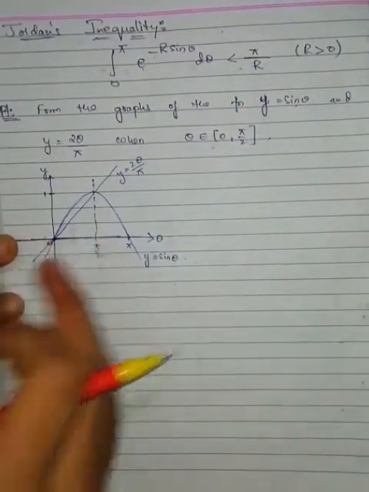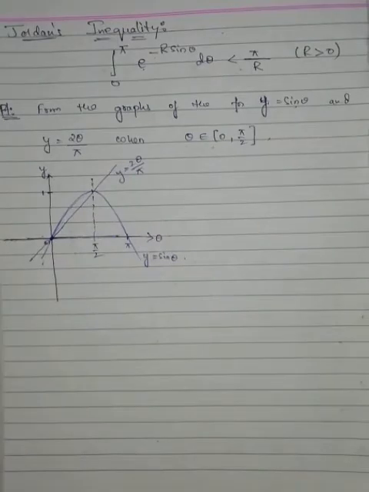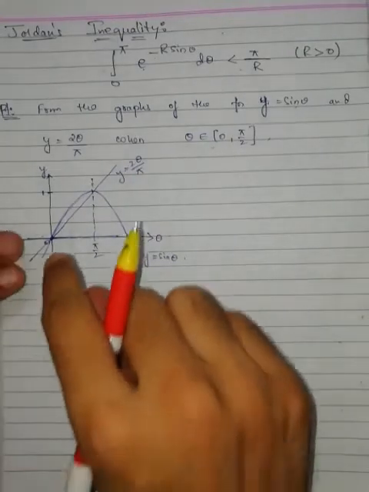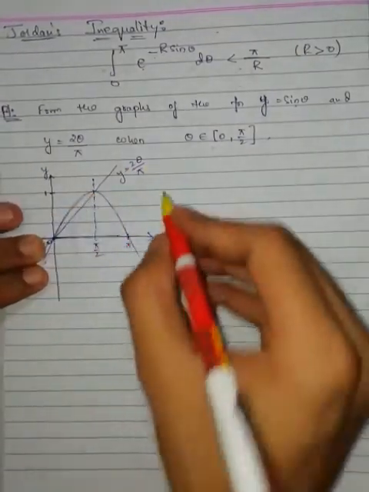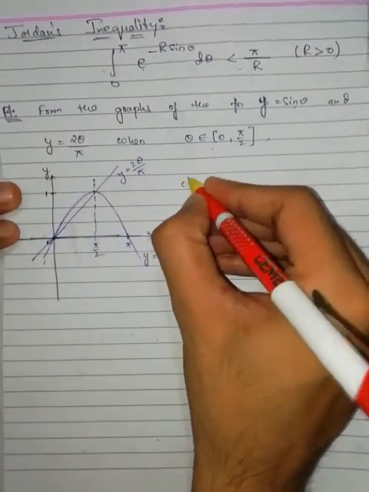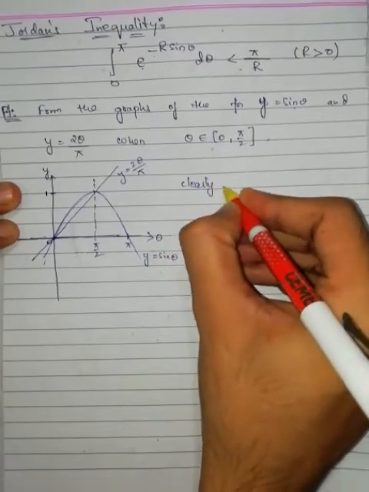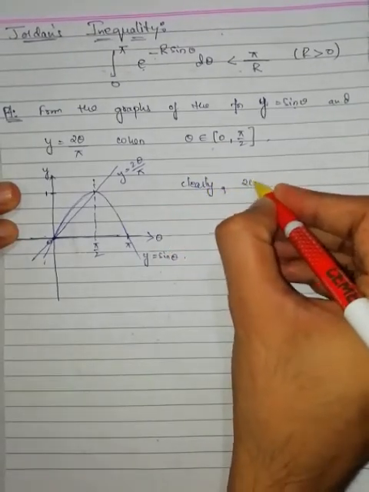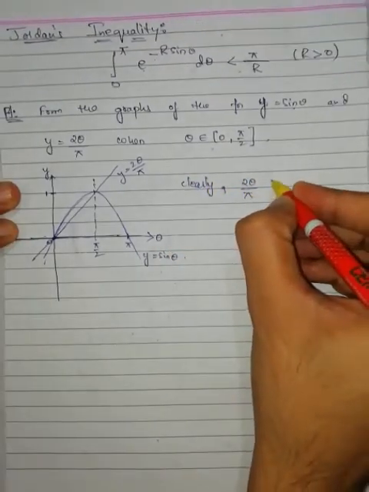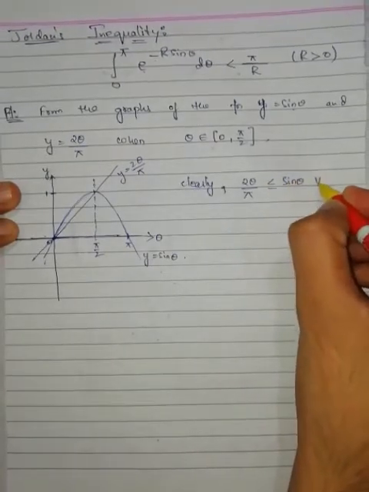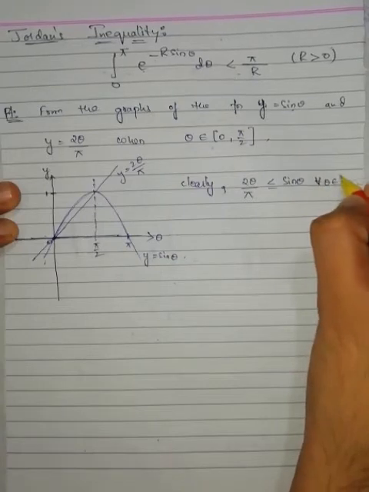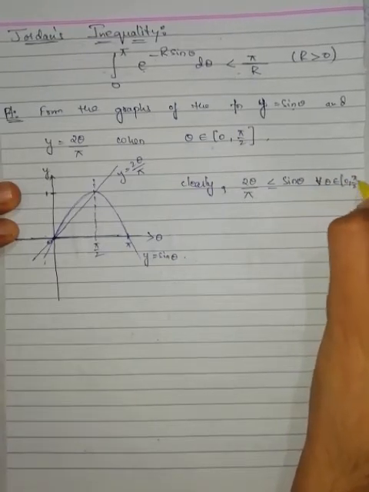From 0 to pi by 2, from the graph it is clear that the straight line is less than or equal to the curve. Clearly 2 theta by pi is less than or equal to sin theta for all theta belongs to closed interval 0 to pi by 2.